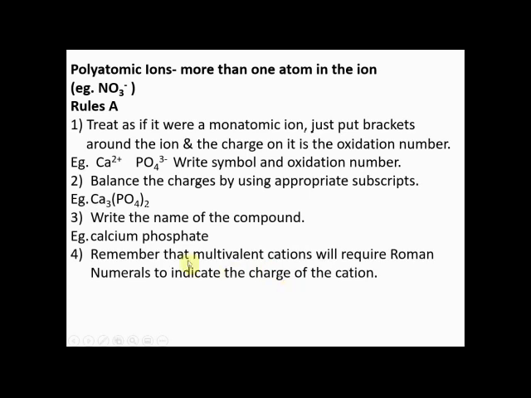Remember, if you have metals, cations that are multivalent, so there's more than one possible charge, then I have to have the Roman numeral to tell me which charge I'm using on that particular cation.